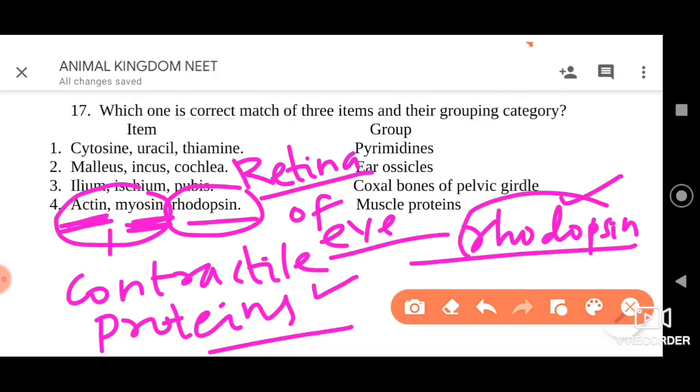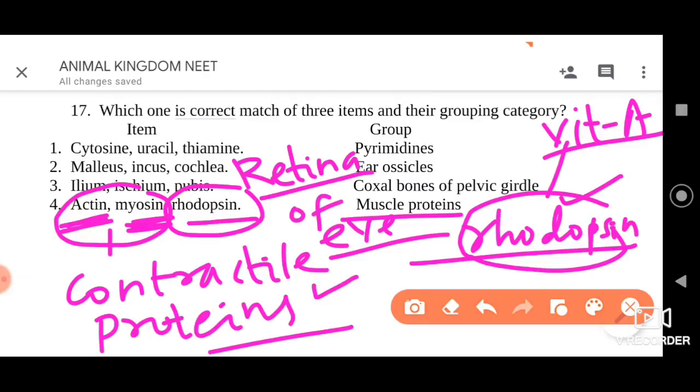This is a derivative of vitamin A. With respect to the same, actin and myosin they have given here as muscle proteins, yes, we can agree, but rhodopsin is not a muscle protein, so we cannot go for option 4 as well.